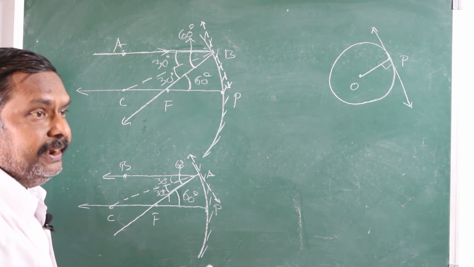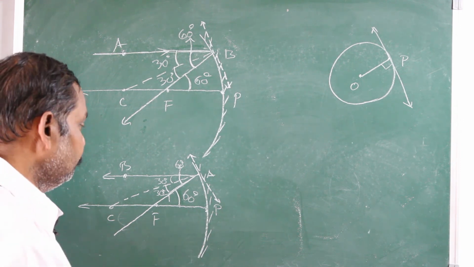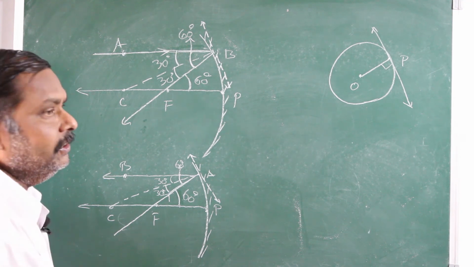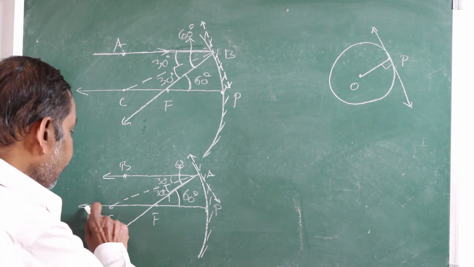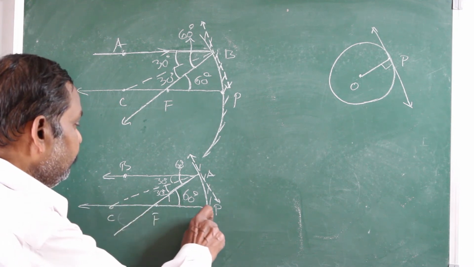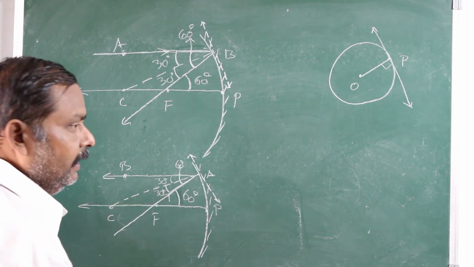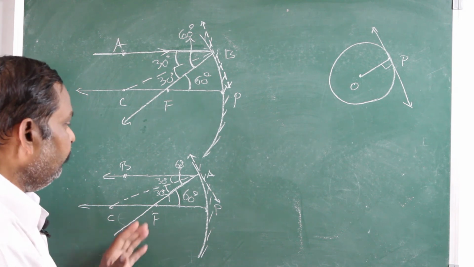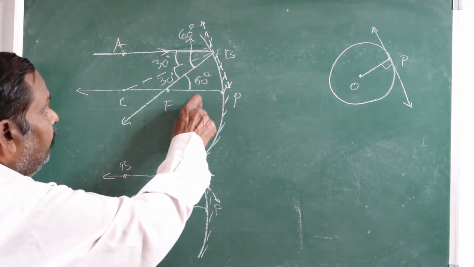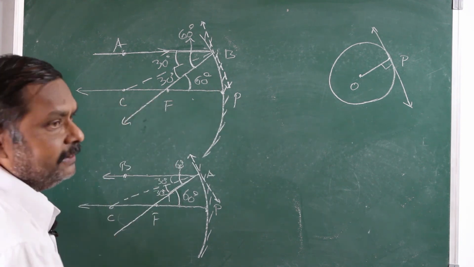Angle between two parallel lines is 0, or you can take it as undefined. So here the answer will be 0, even without drawing the diagram. The angle between parallel lines is taken as 0. So here the final answer is 0. In the first case, the angle between the reflected ray and the principal axis is 60 degrees.